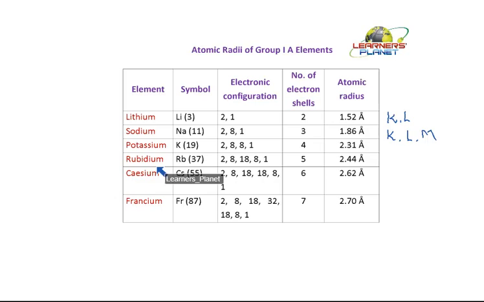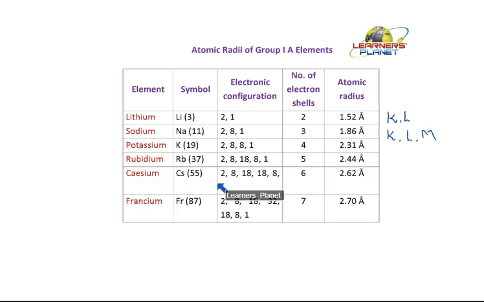Likewise, the next is rubidium. The atomic number is 37. The electronic configuration is 2, 8, 18, 8 and 1. There are 5 shells. The atomic radius here is 2.44 angstrom. Likewise, cesium, the atomic number is 55.